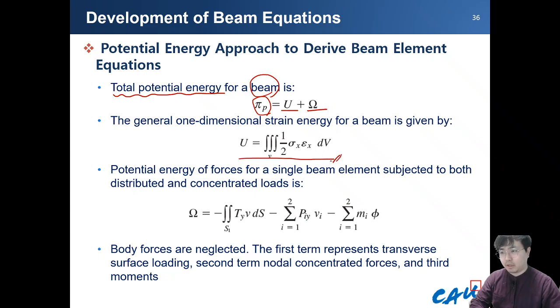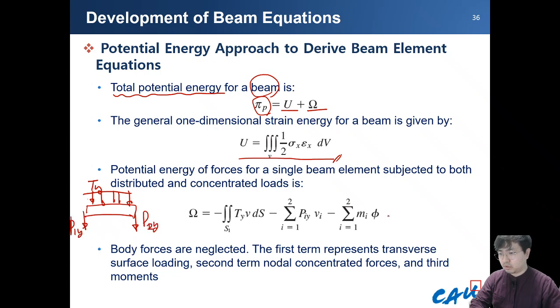This is the same. And then the external forces are slightly different compared to the truss. Each nodal point has a vertical transverse force. This T indicates distributed forces, and this P indicates point forces here.